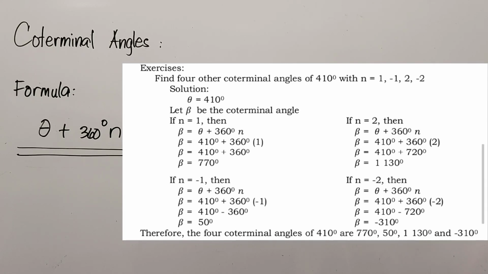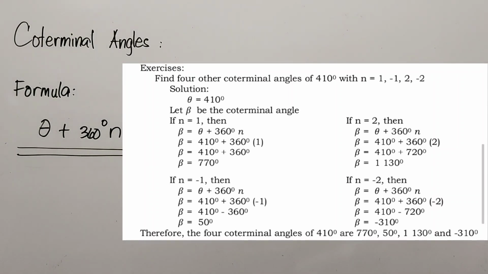And lastly, for n equals -2, we have -310 degrees. Therefore, by using this n, the 4 coterminal angles of 410 degrees are 770 degrees, 50 degrees, 1130 degrees, and -310 degrees.